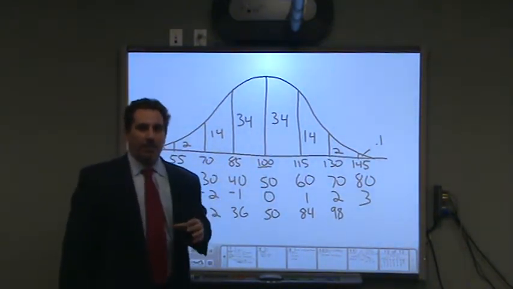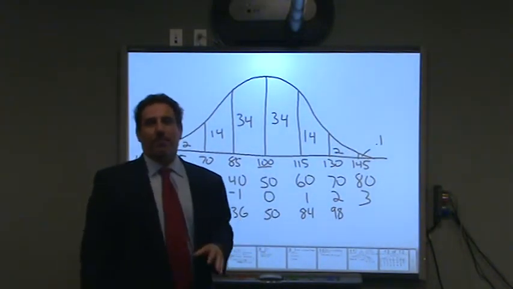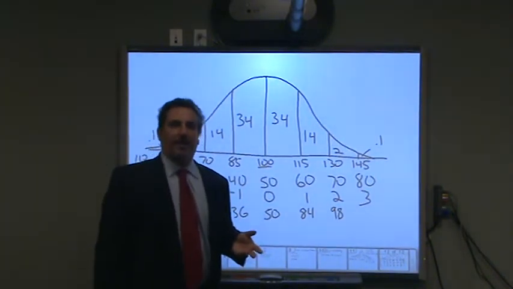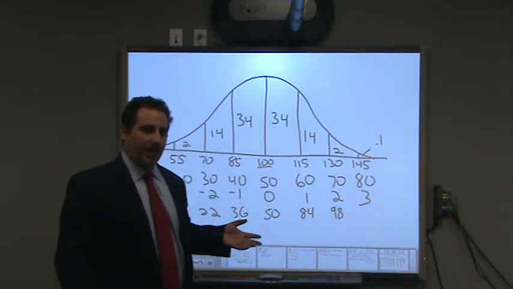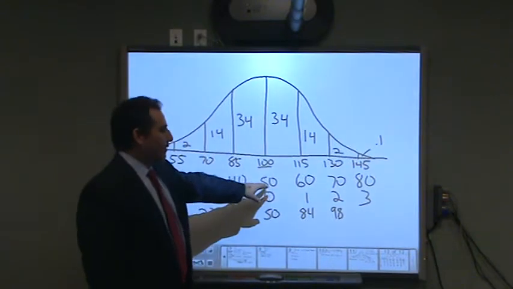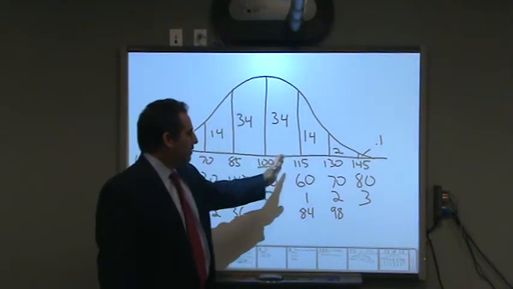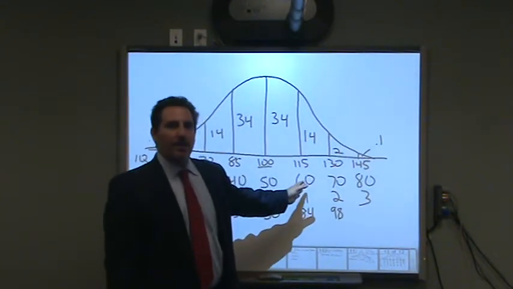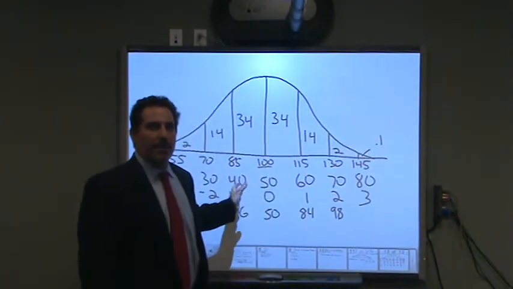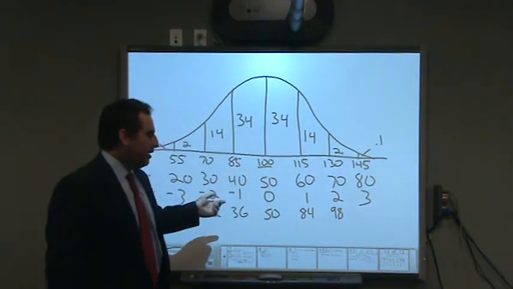Now ask yourself, what test do we use that uses T-scores? There's actually more than one, but the most common one would be, of course, the MMPI-2, which has, on every scale, a T-score of 50 that would indicate that the person is average. And for every 10 that they go away from the mean, they're going one standard deviation up or down.